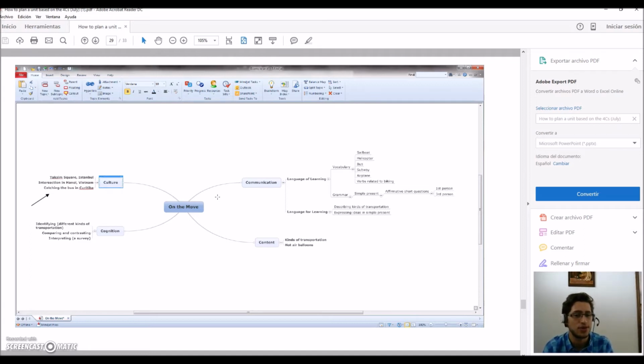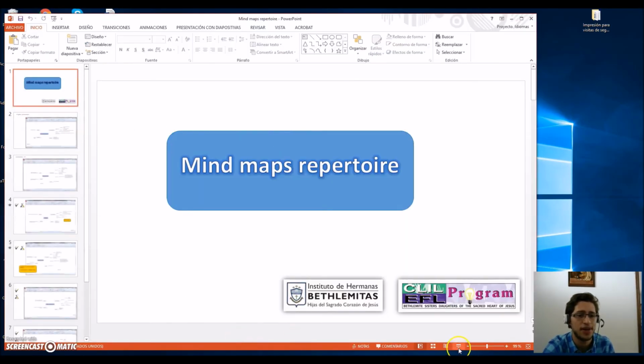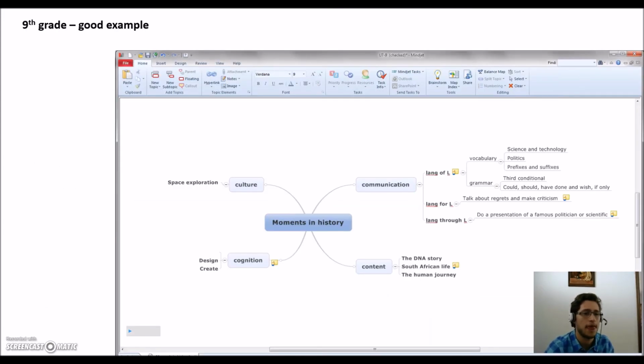We are getting closer to the end of the tutorial, and I would like to show some other examples of maps that are finished and that were based on the 4 C's. These are very nice examples of them. And here we have, for example, moments in history. This is an example that was sent from Bucaramanga, Colombia, and it's ninth. It was a plan from 9th grade. It's a good example.